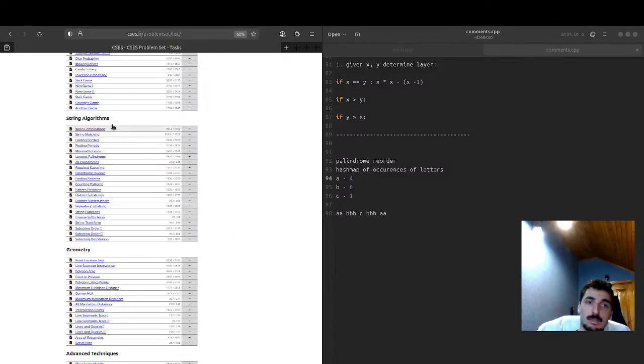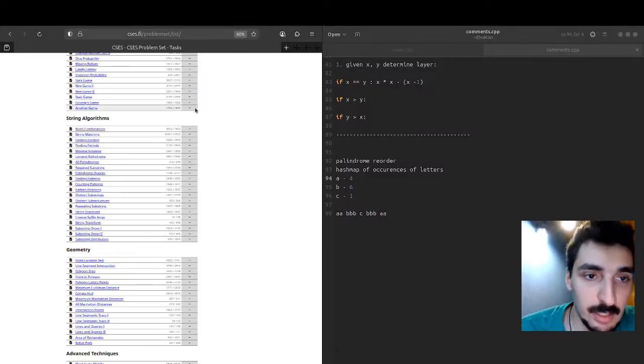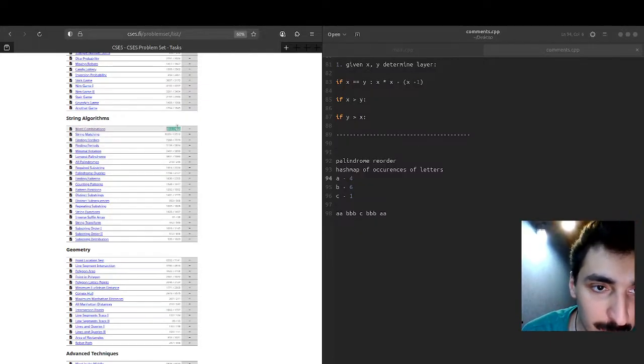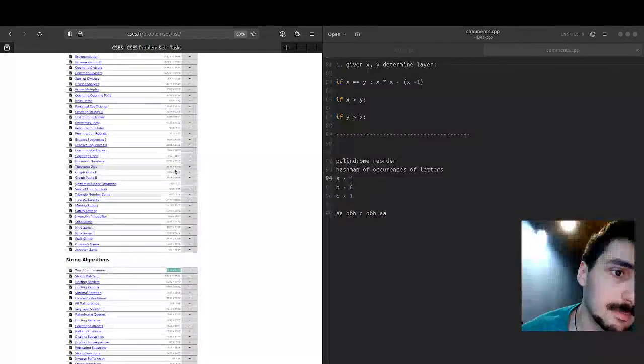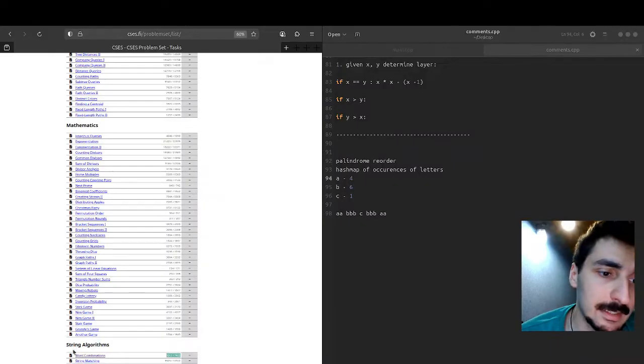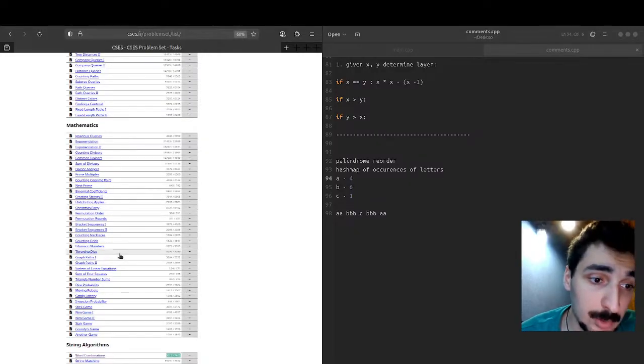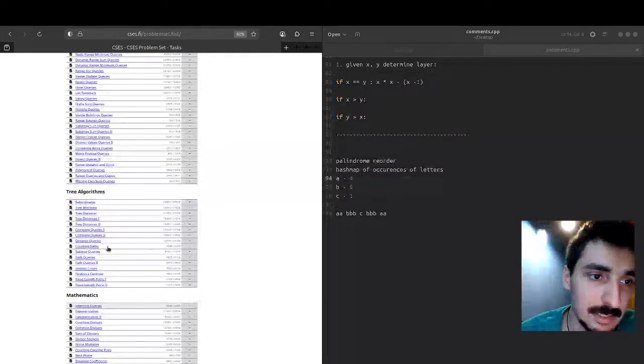String algorithms. The first one, I read it, I don't know how to solve it, and you can see 2,000 people opened it and didn't solve it. Mathematics. Binomial coefficients, I don't know. Fibonacci numbers, come on, that's pretty easy.